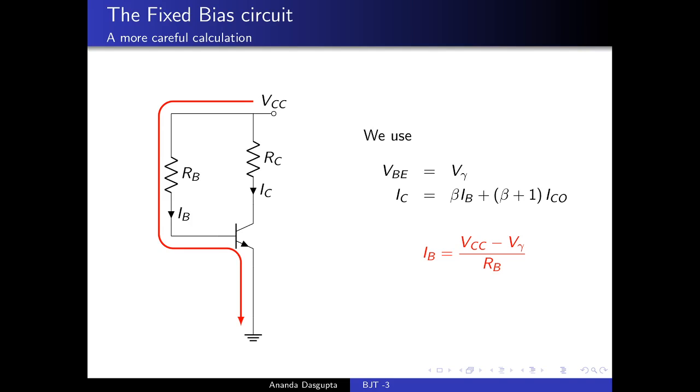Now, let me clarify a point here. We keep on using VBE in various calculations where we just replace it by V gamma and tend to forget about it after that. This might make people think that VBE is a rather unimportant parameter. After all, it's always V gamma, so what's so great about that?